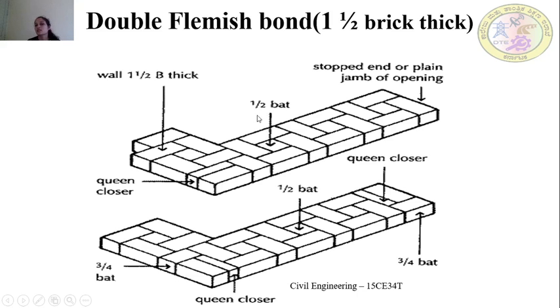Since we are utilizing bat portions here, this is the economical bond, though it requires more mortar. It is quite economical since we are using the cut portions of bricks. So in the center, half brick bat is used. On the whole, in the double Flemish bond, in 1.5 brick thick, we are using the queen closure as well as 3/4 bats as well as the half bat.